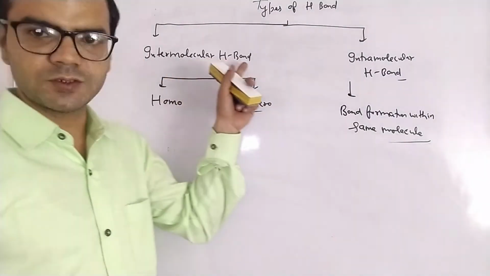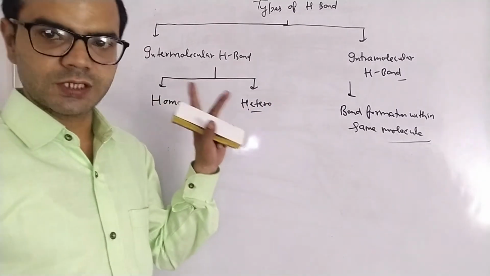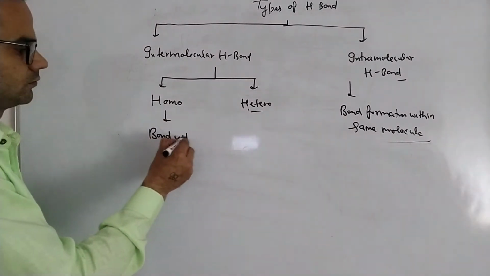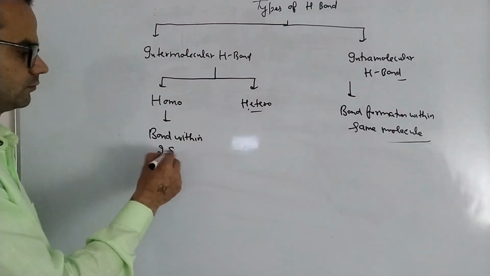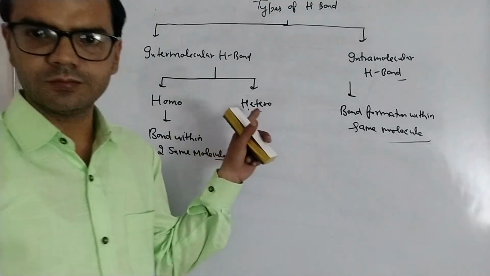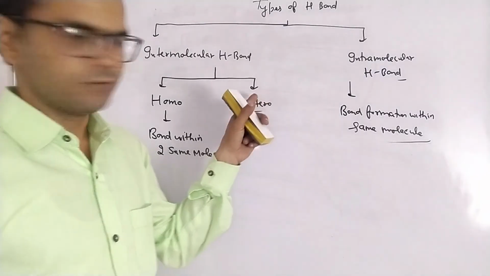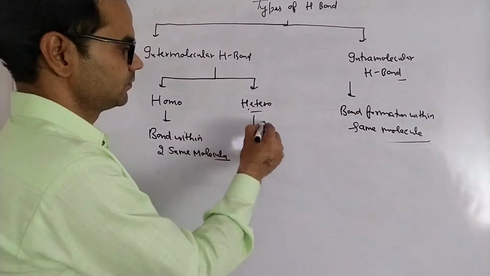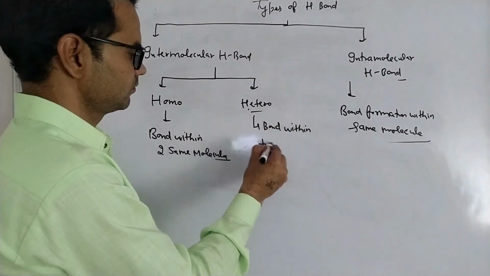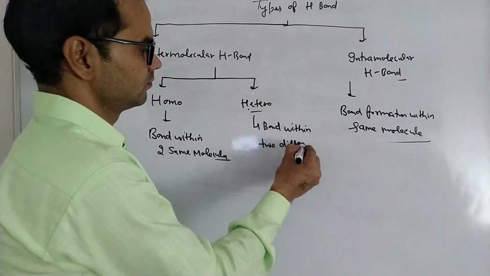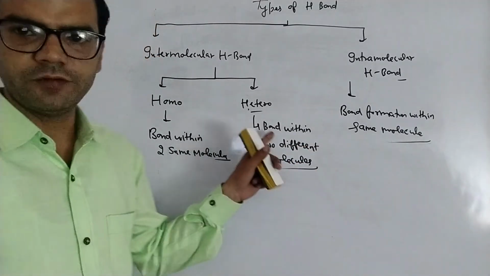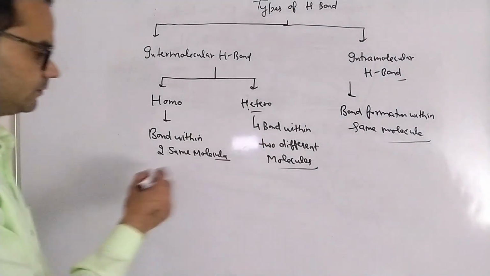Homo intermolecular hydrogen bond means bond within two same molecules, and hetero intermolecular hydrogen bond within two different molecules.